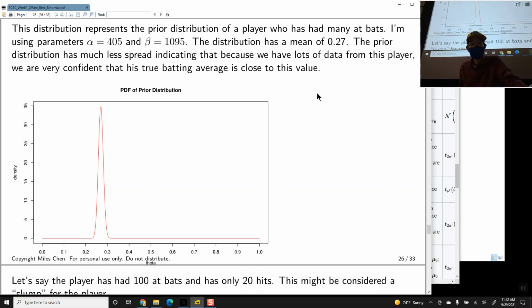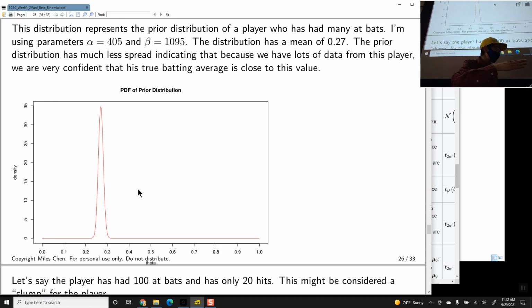All right, let's say we have a different prior distribution, okay? So this is a different player who we've seen maybe 1,500 at-bats, okay? So this might be a player that we've been following for a while. They've had 1,500 at-bats, been in the major leagues for a few years now, okay?